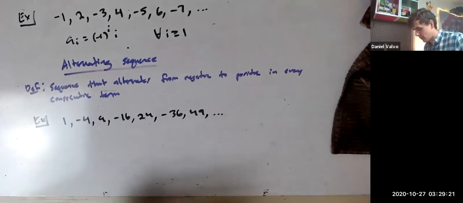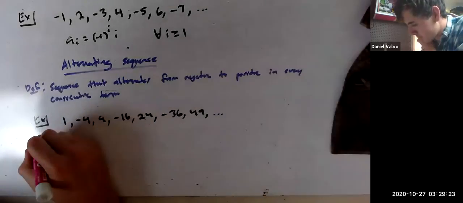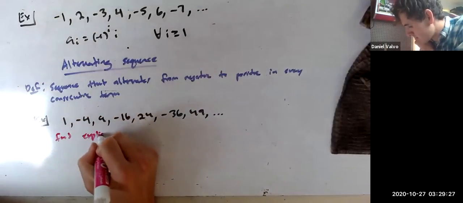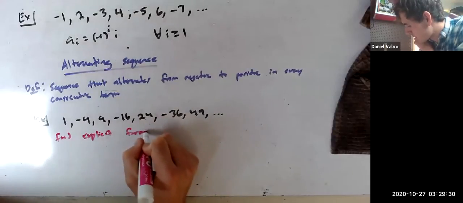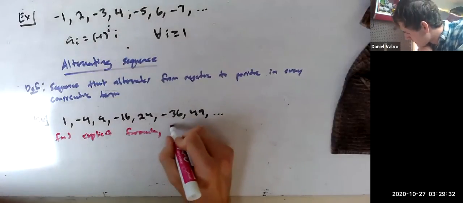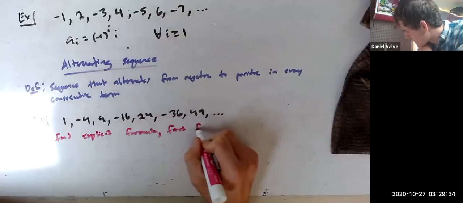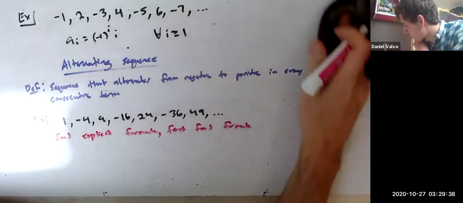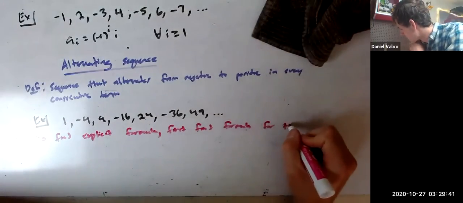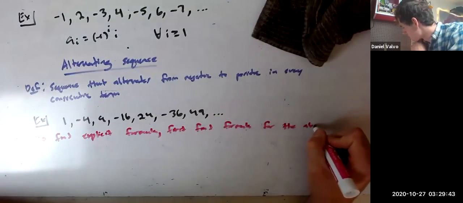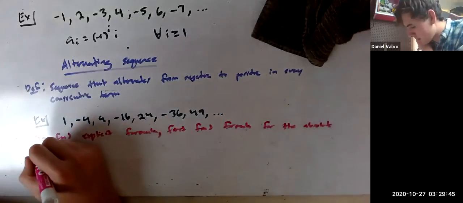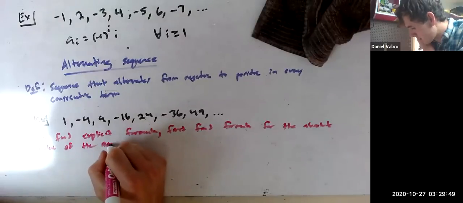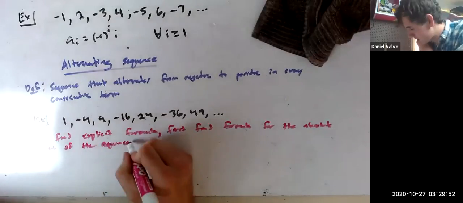And the way to find an explicit form, or formula, to find an explicit formula, first find a formula for the absolute value of the sequence.